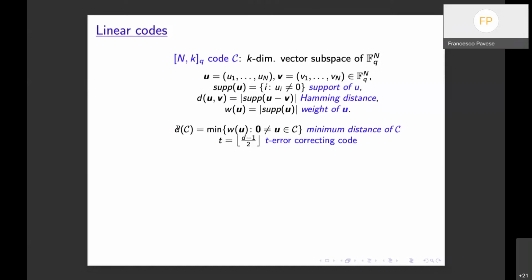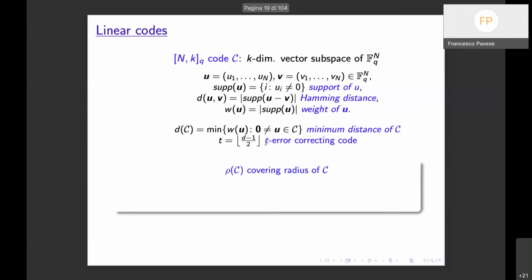Another important parameter is the error correcting capability of the code, which will be denoted by t, and the covering radius, which is the smallest positive integer rho such that the balls centered at the codewords of the code and having radius rho cover the whole space.